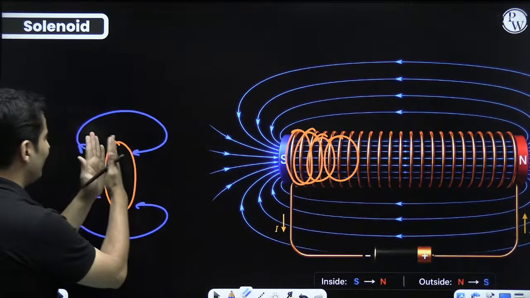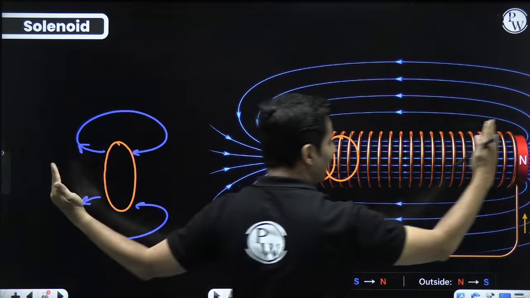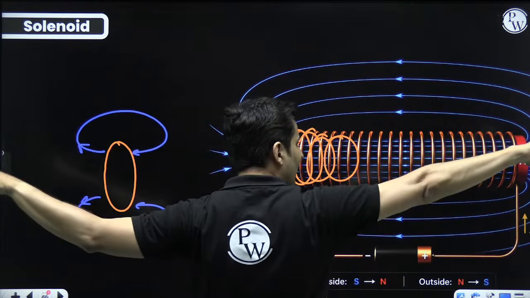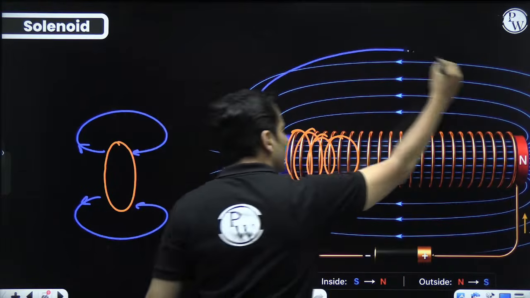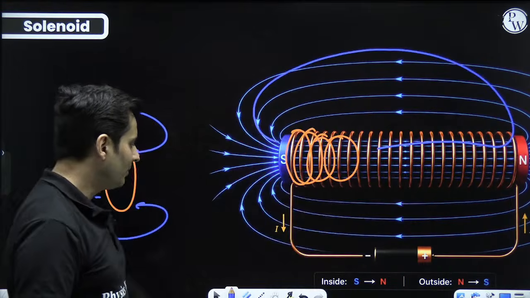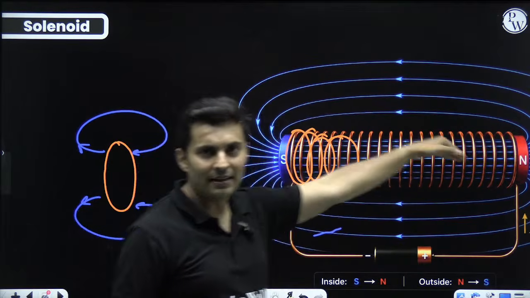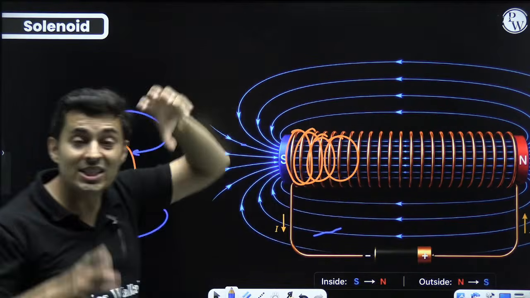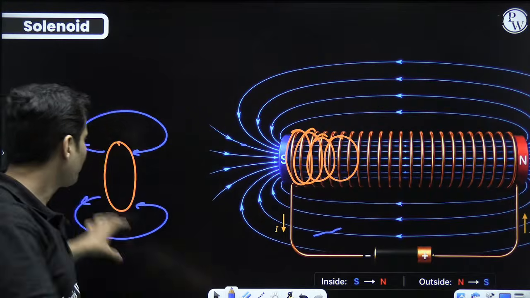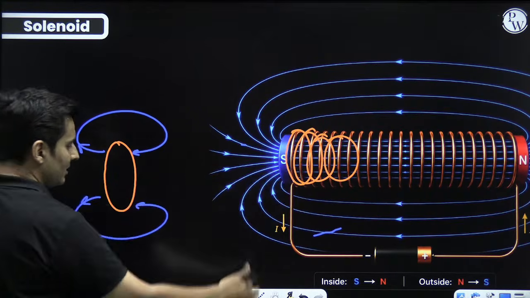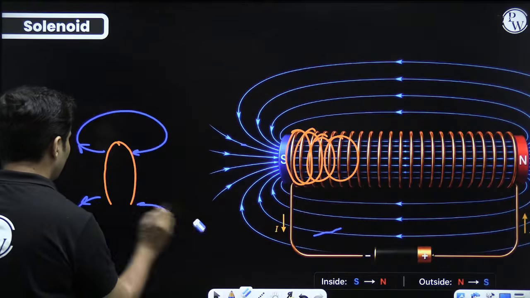Whatever was happening in this plane has now got elongated. Yes, the magnetic field is still going and coming out, that's okay, but the magnetic field looks almost parallel, almost stretched inside that long cylinder. It's as if you have taken the coil and stretched it. So that is what a solenoid is.